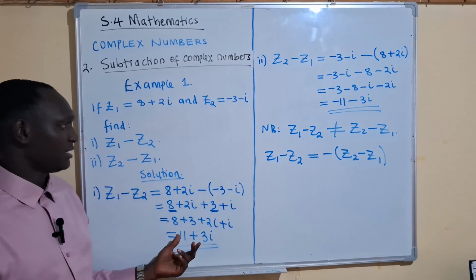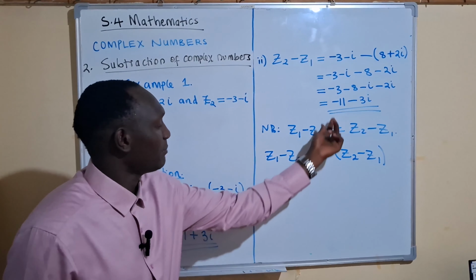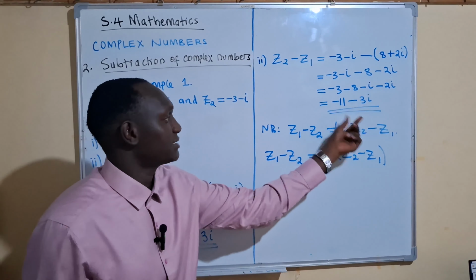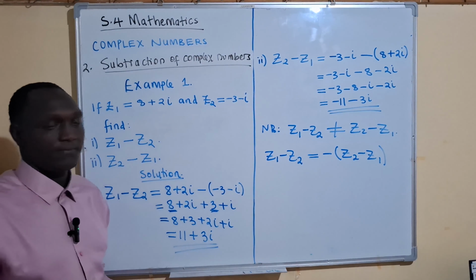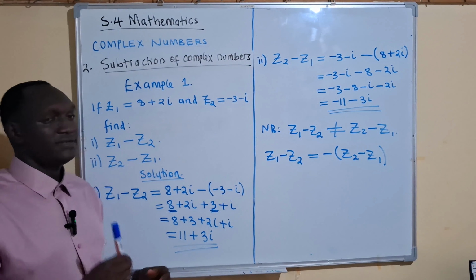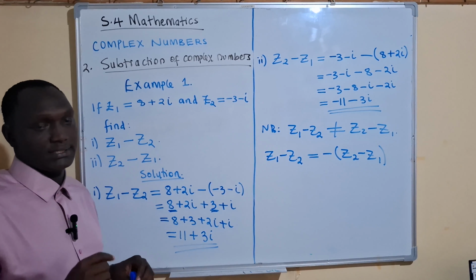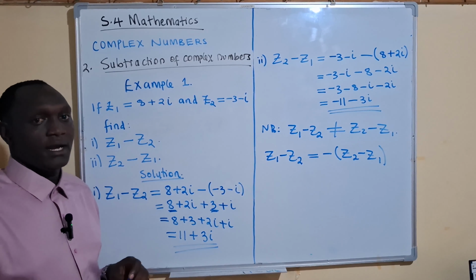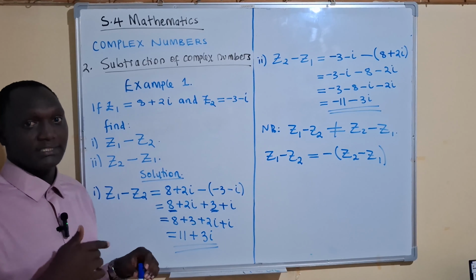It is just a matter if we put a negative sign before these numbers in the brackets and put a negative sign, it will make it become positive. So the difference between Z1 minus Z2 and Z2 minus Z1 is just the sign. They are opposite. One is a reverse of the other. I have not said inverse. I have said reverse of the other.